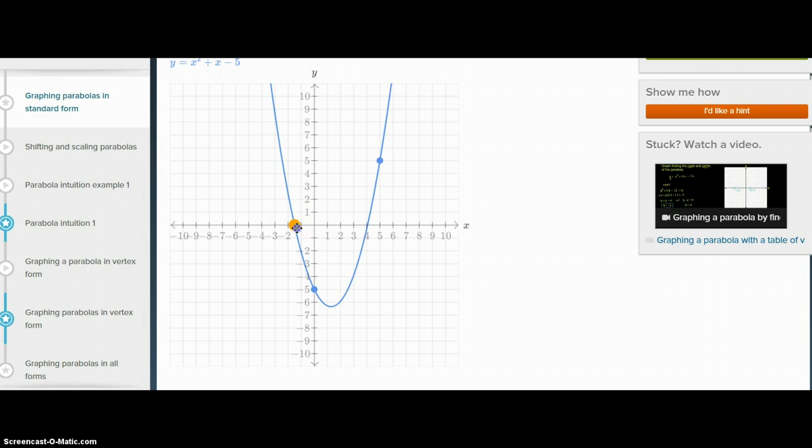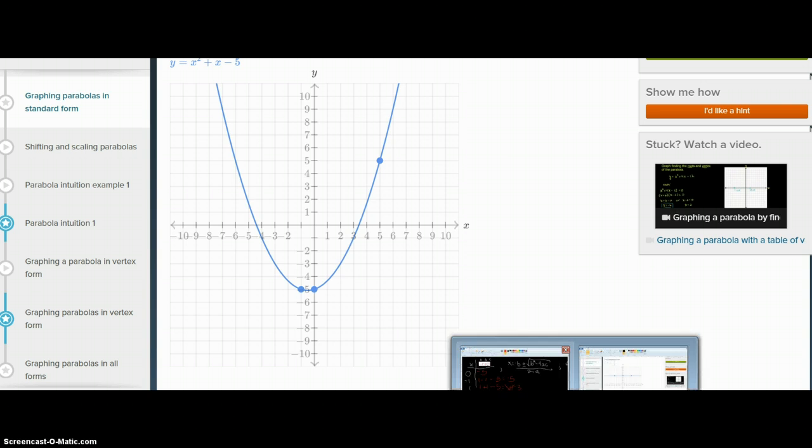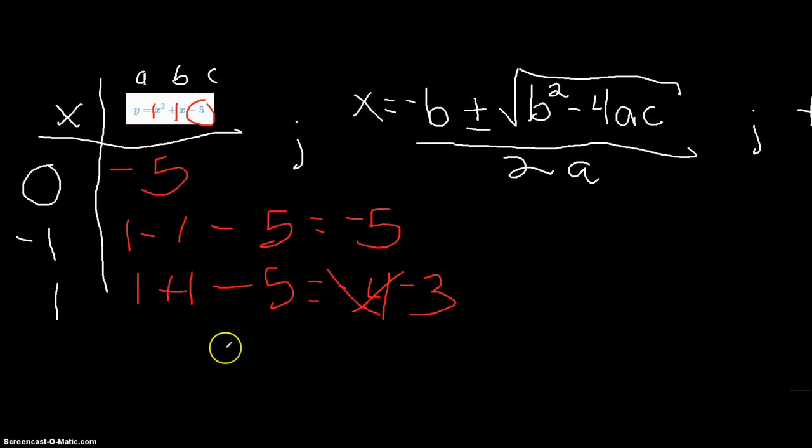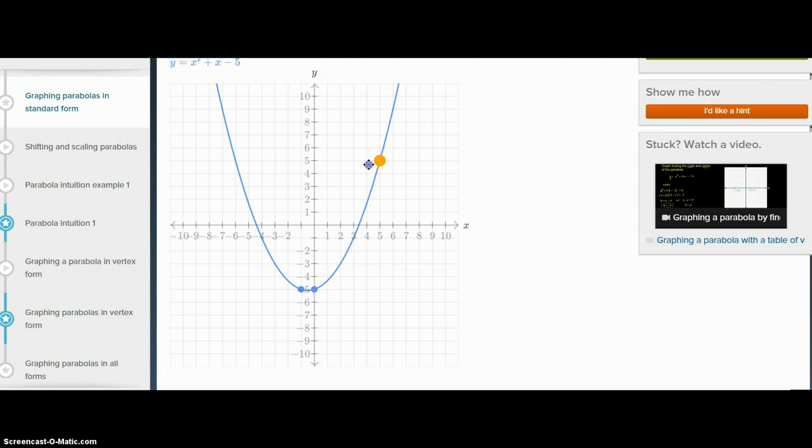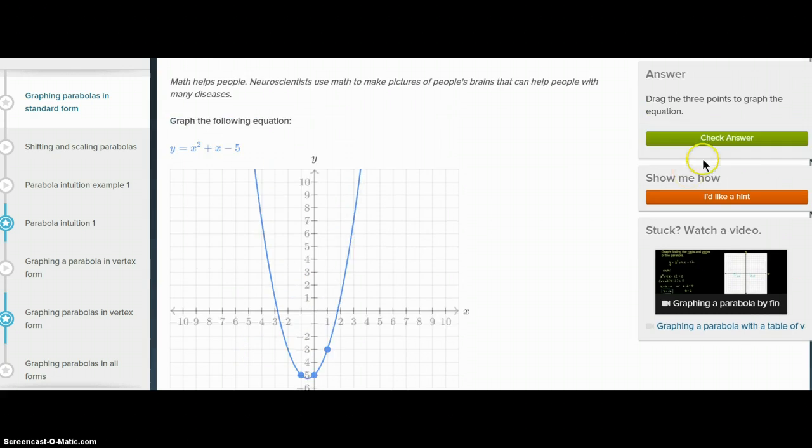So x equals negative 1, y equals negative 5. And so positive 1 will equal negative 3. Alright, and so we have our graph right here. We found a few points, and now we can just graph that.